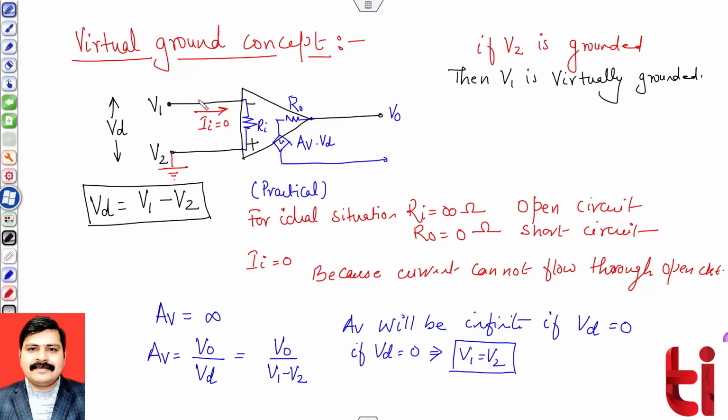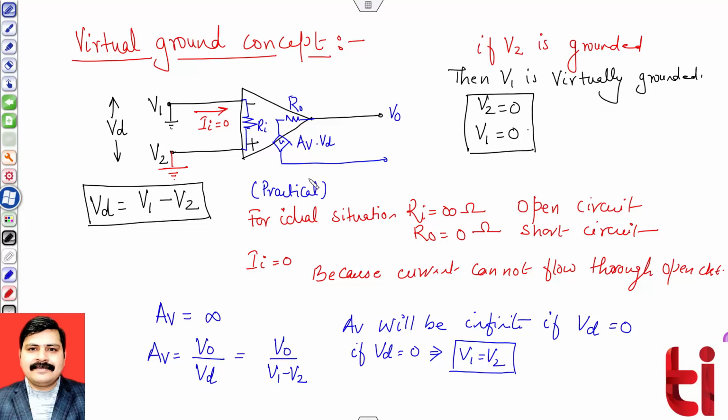So it seems like a virtual short is created between these two, both having voltage and current value 0. V2 is grounded, that means V2 equals 0. As V2 is 0, therefore V1 will also be equal to 0.